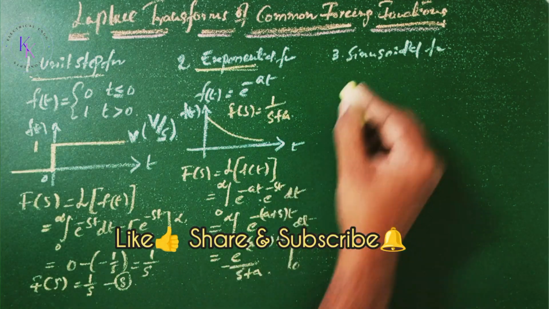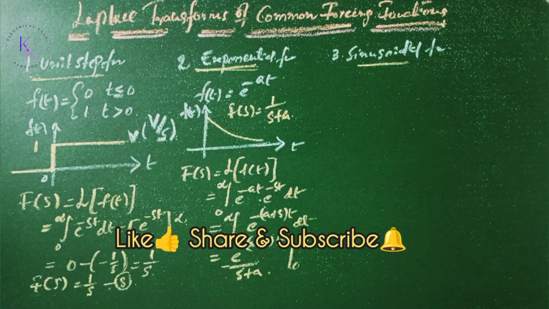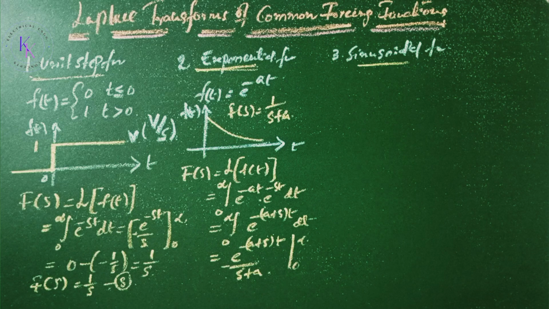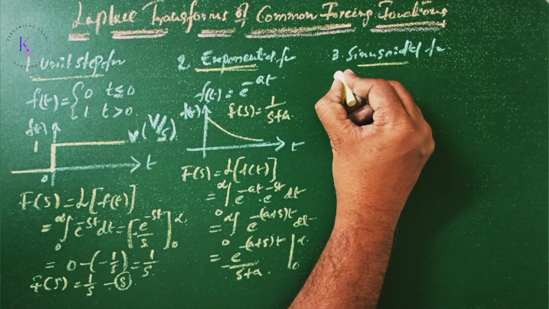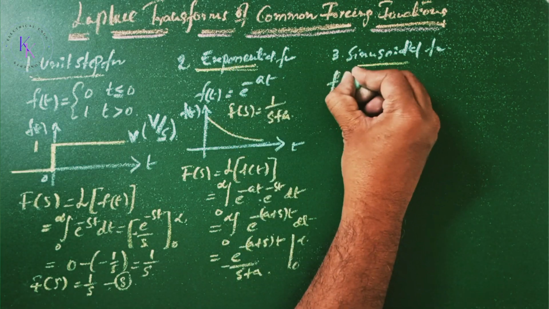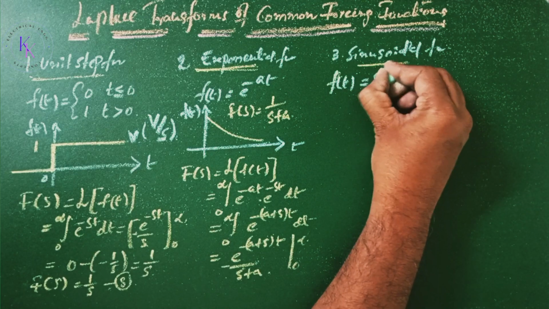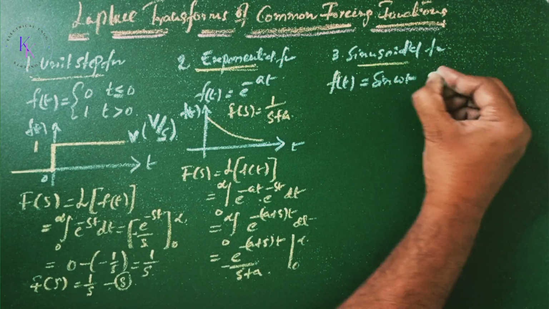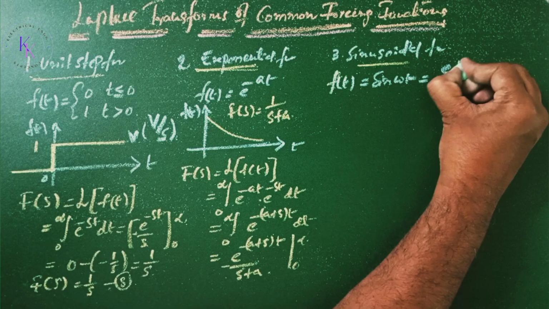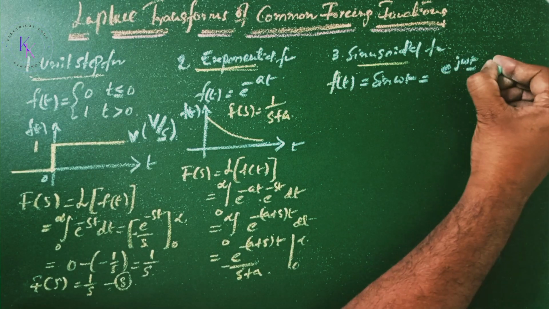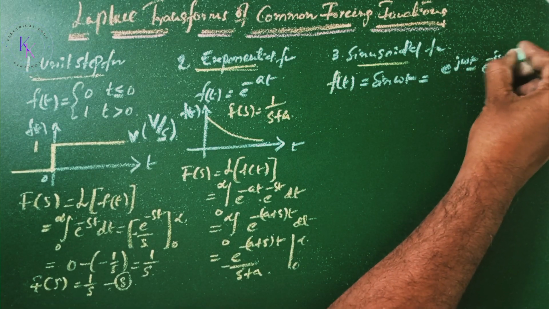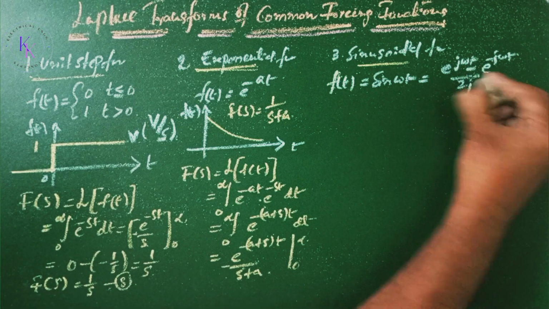The sinusoidal function is extremely commonly used in circuits encountering an AC supply or AC source. The sinusoidal function in the time domain in exponential form is represented with f of t equals sine omega t, which equals e to the power of j omega t minus e to the power of minus j omega t, divided by 2j.